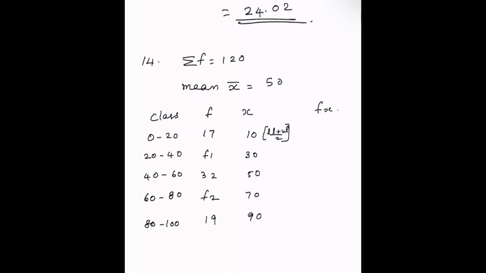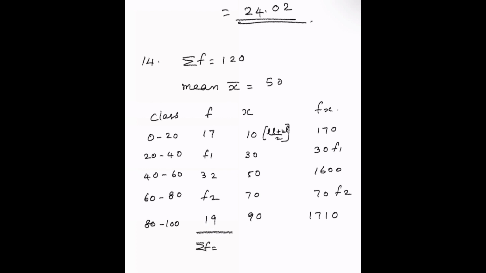So Fx, 17 into 10 is 170. 30 into F1 is 30 F1. 50 into 32. 70 F2. 19 into 90, 1710.